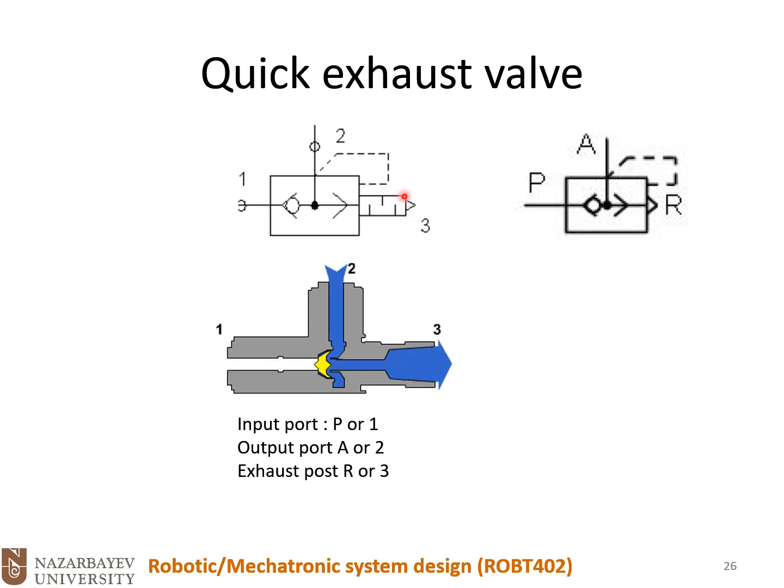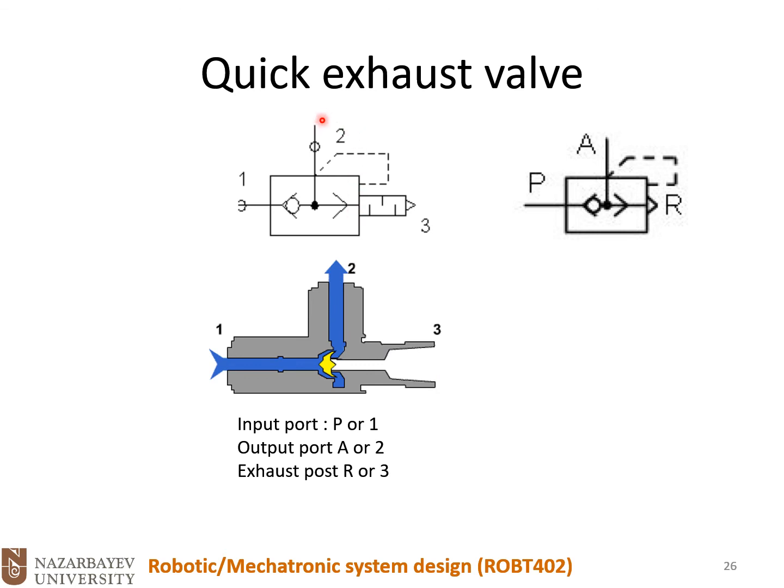This is basically a muffler symbol to the atmosphere. So see how it works. When one port is pressurized, then this ball or obstacle will close the passageway of port 3, and the air has to go through port 2.